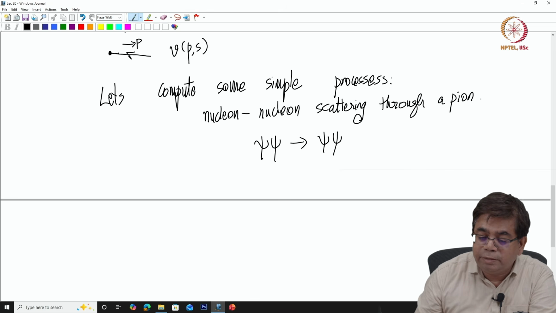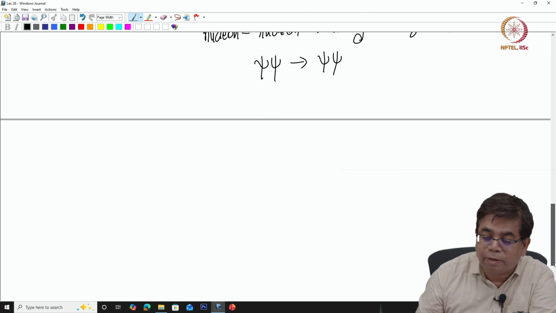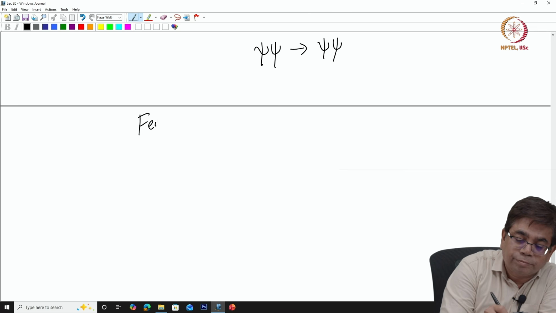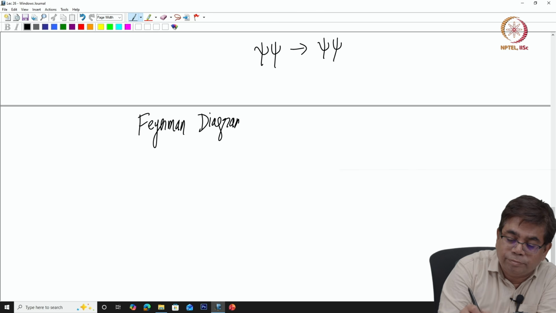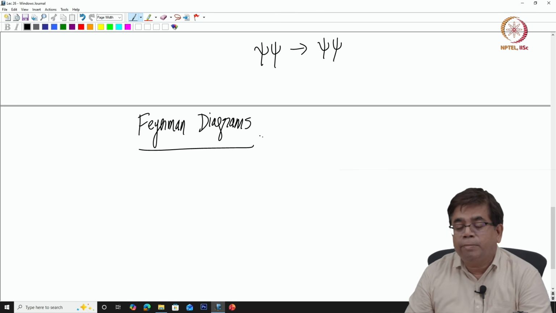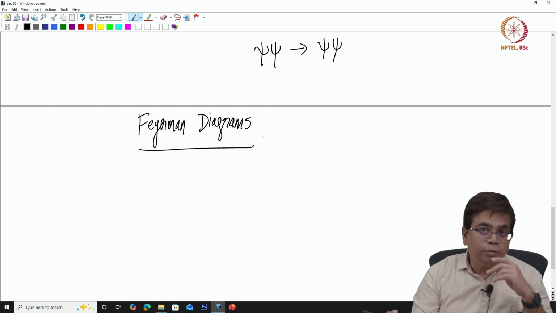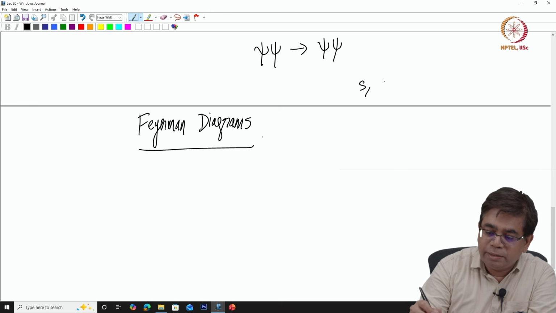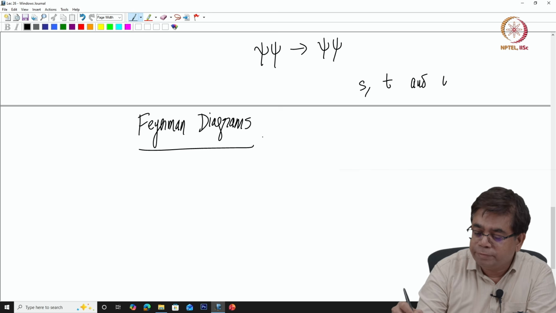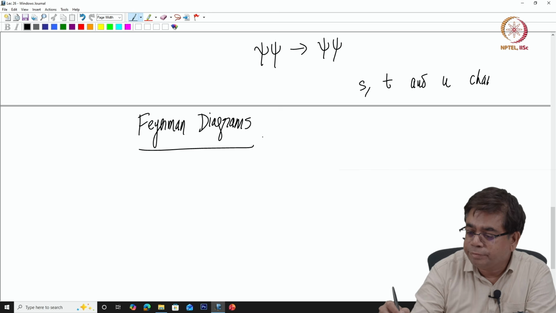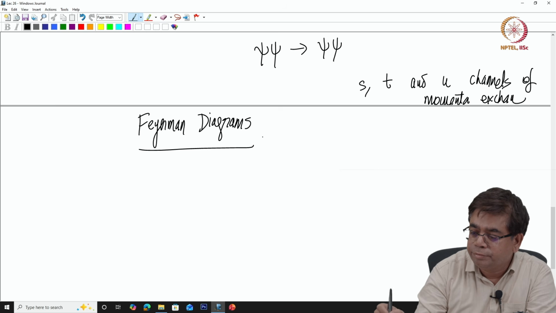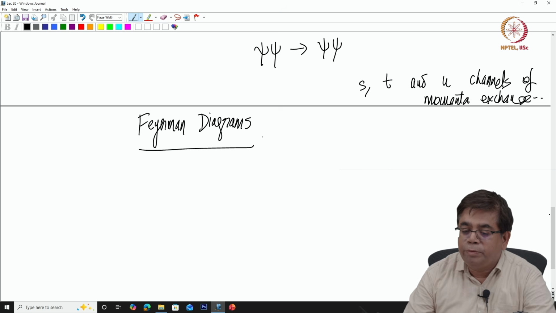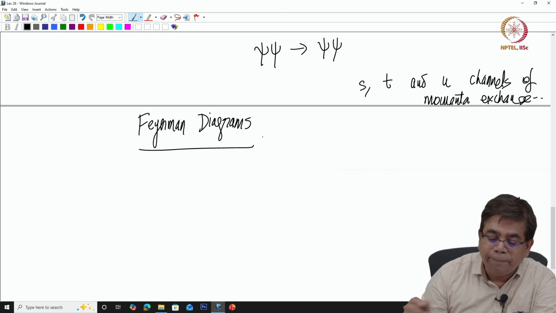Now, for doing this let us first write down the Feynman diagrams. So we have to think about all possible combinations because it is a 2 to 2 process. There are basically the S, T and U channels of momenta exchange. So what you do is, S channel is not possible here.